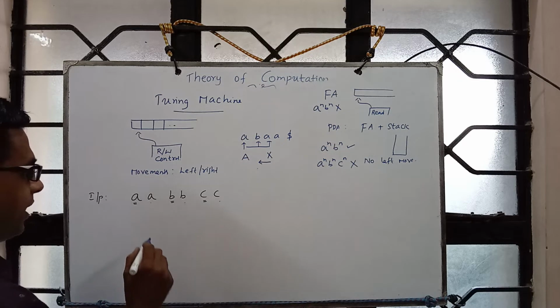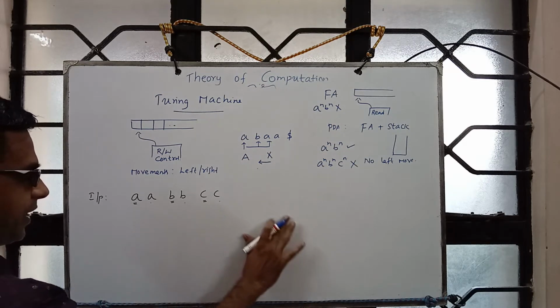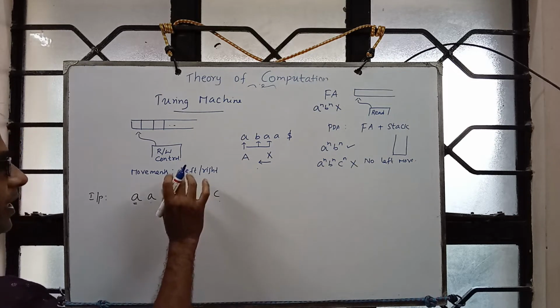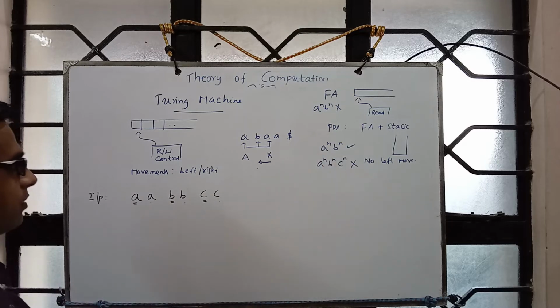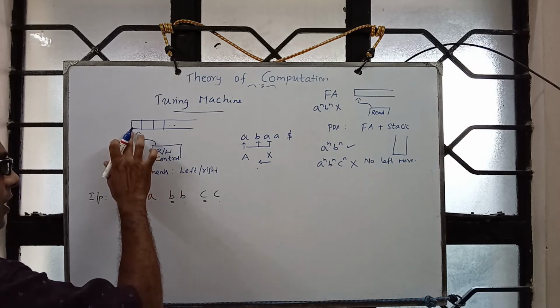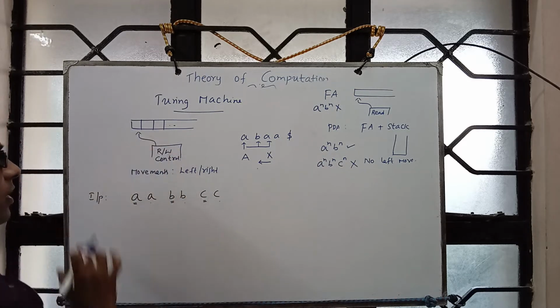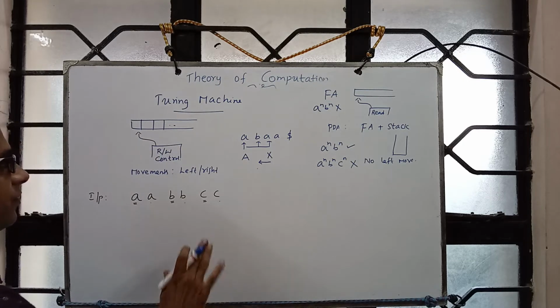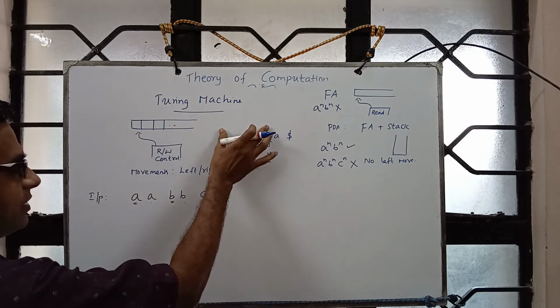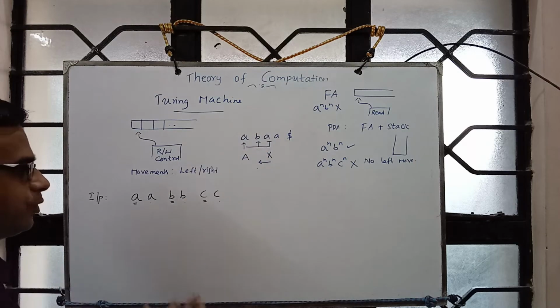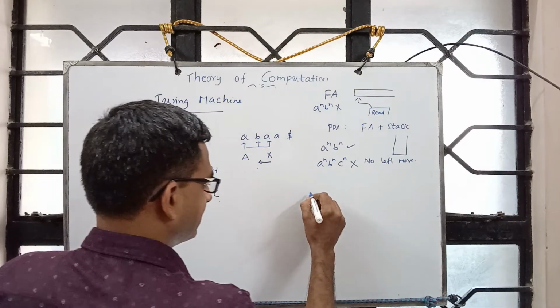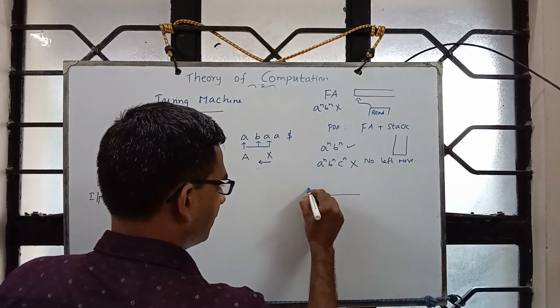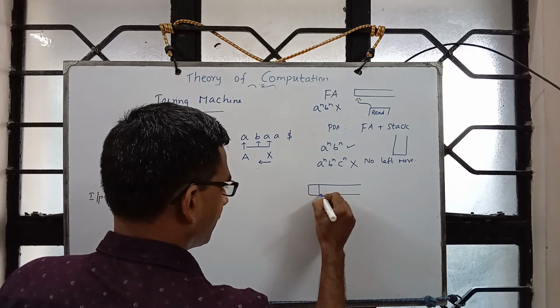Okay. Remember, there is no separate tape or a stack where you can write. You can write when you read a symbol at that place itself, or maybe you can move right and then somewhere on the other side of the tape you can write. What am I saying? You have an input tape.